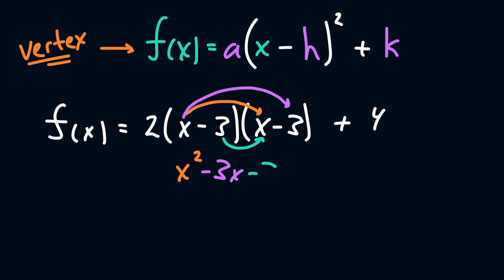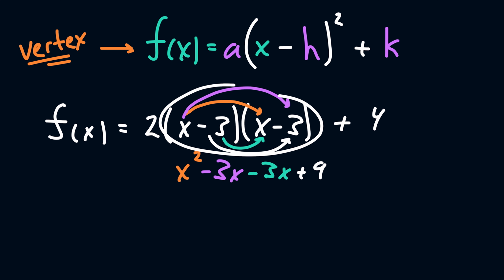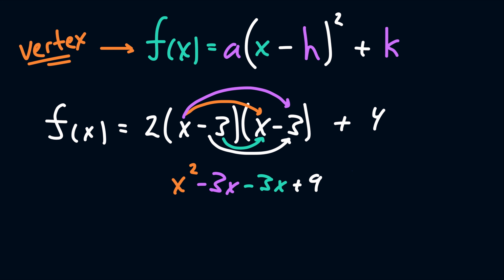So that's going to be -3x again. And then last but not least, I'm going to take the -3 and multiply it by the other -3 for a total of a +9. Okay? So this whole expression here basically simplifies down to this. I'm going to just copy everything down. So 2 over there and then a +4.